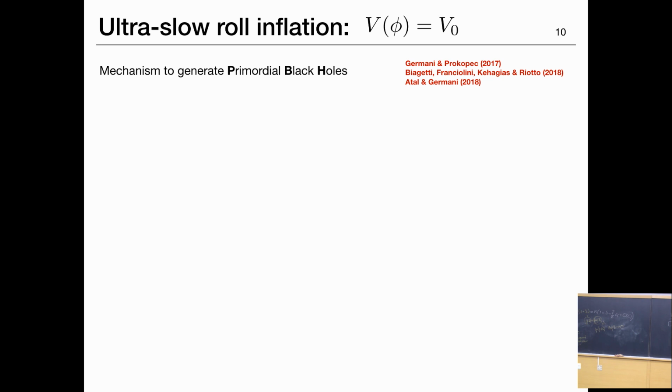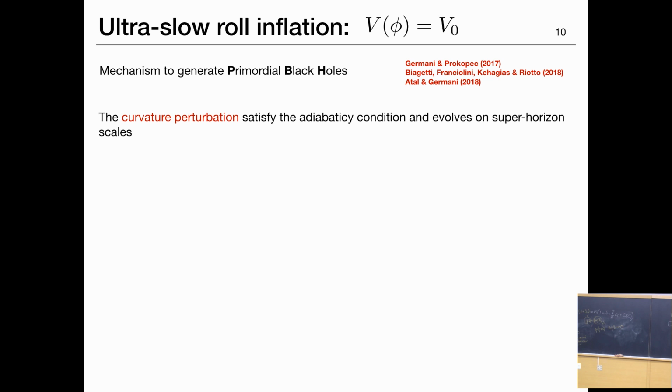The model has other interesting features, such as the curvature perturbation satisfying the adiabaticity condition but not necessarily freezing outside the horizon. We can have in this case a super horizon evolution of the modes. This is really important in this class of models.